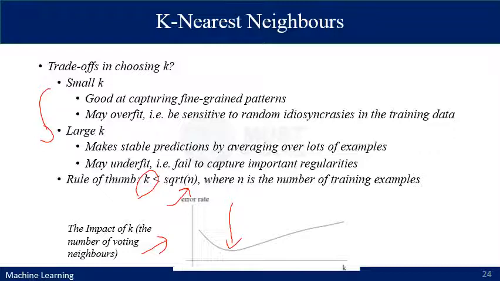But if you keep increasing the value of k, the error rate may gradually tend to rise. Therefore, you have to choose the value of k where there is little change in the error rate. So we may choose the value of k for this particular task here.